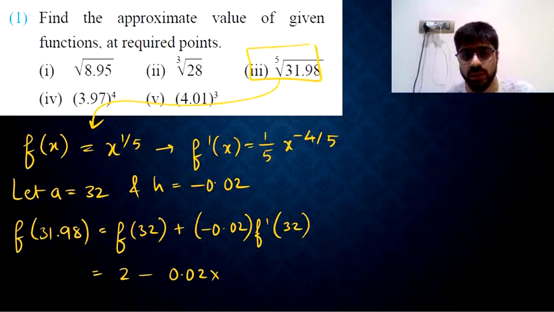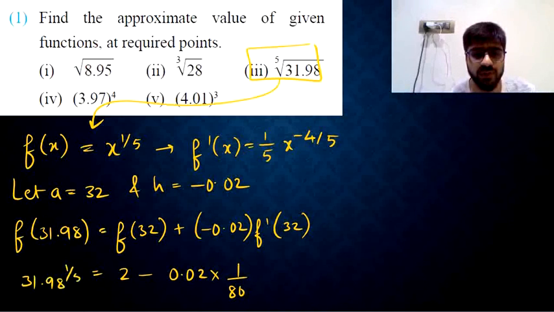So f dash 32 is 1 by 5, 32 power minus 4 by 5. 32 power 1 by 5 will be 2, and 2 power minus 4 will be 1 upon 16. That 1 upon 16 into 5 in the denominator will give us 1 upon 80. And that's the value for f of 31.98, that is 31.98 power 1 by 5.